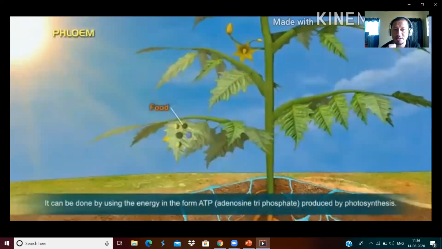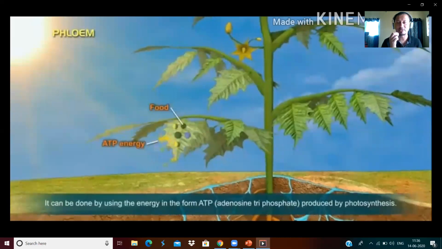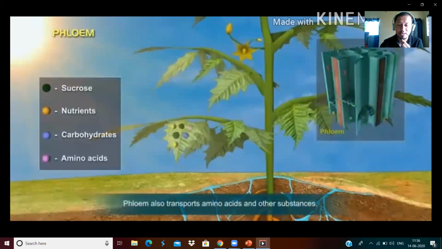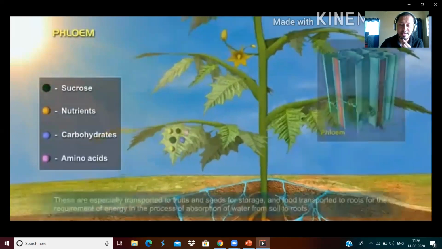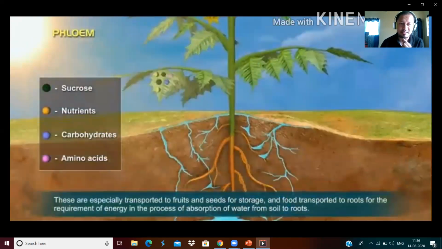Translocation, the movement of food, requires energy, that is adenosine triphosphate. That is why we call such transportation active transportation. So the transportation of food, that is translocation, is an active transportation, whereas that of water is a passive transportation where energy is not needed.